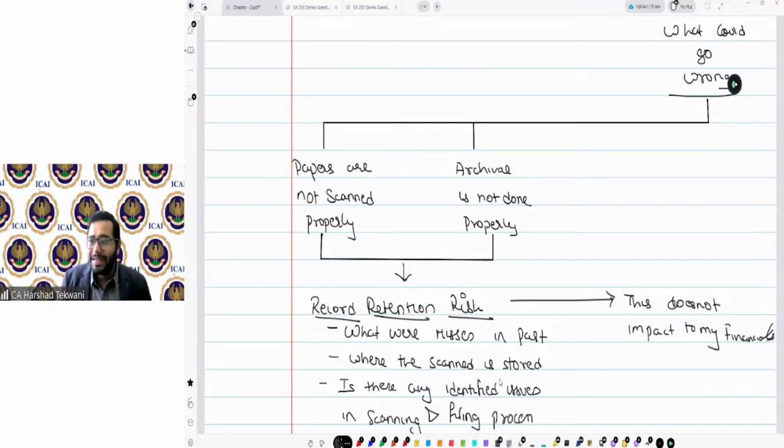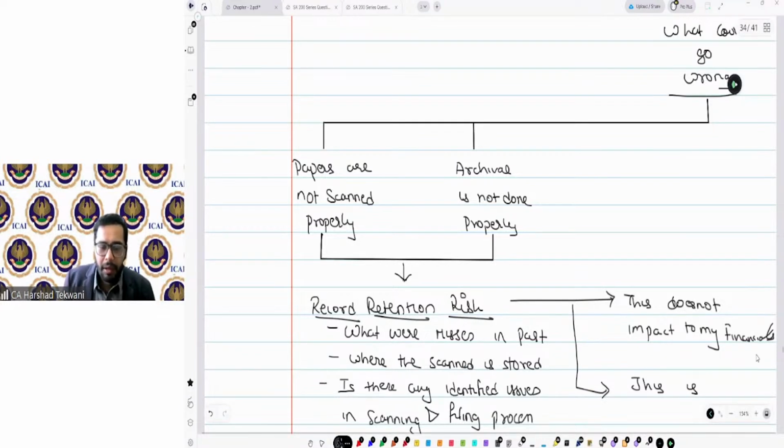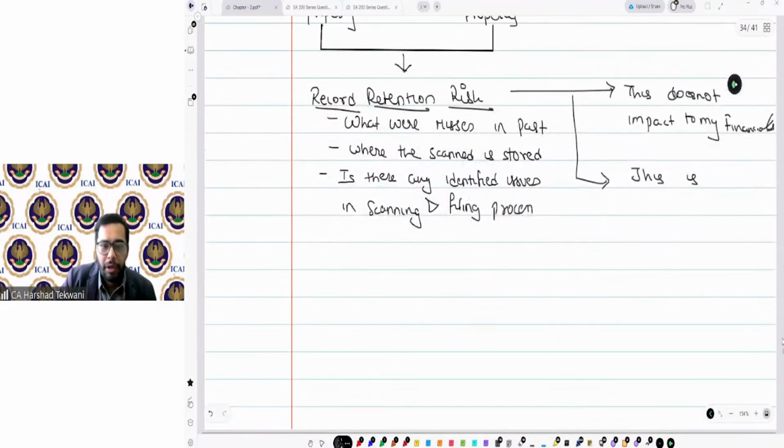Documents and filing are done once the transaction is closed and entered into the ERP. Then for archival purposes, the documents are sent and shared with the team. So record retention risk does not impact my financials. Yes, it is a compliance issue, compliance with laws and regulations.